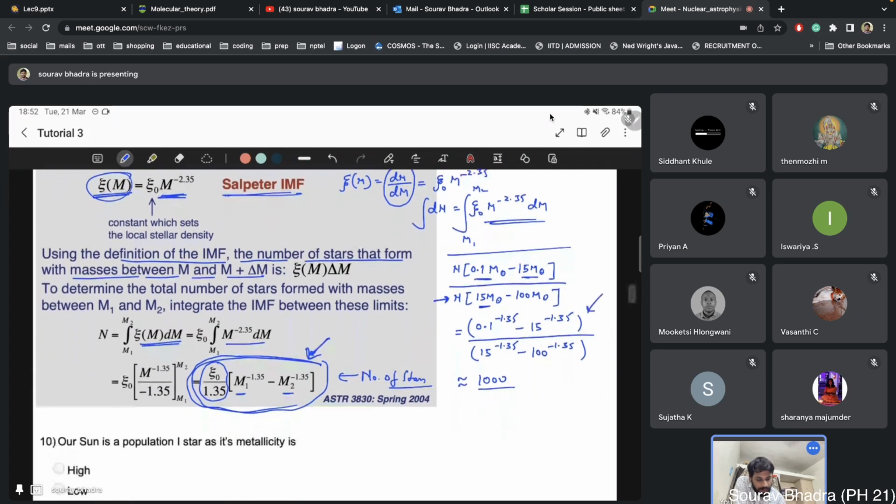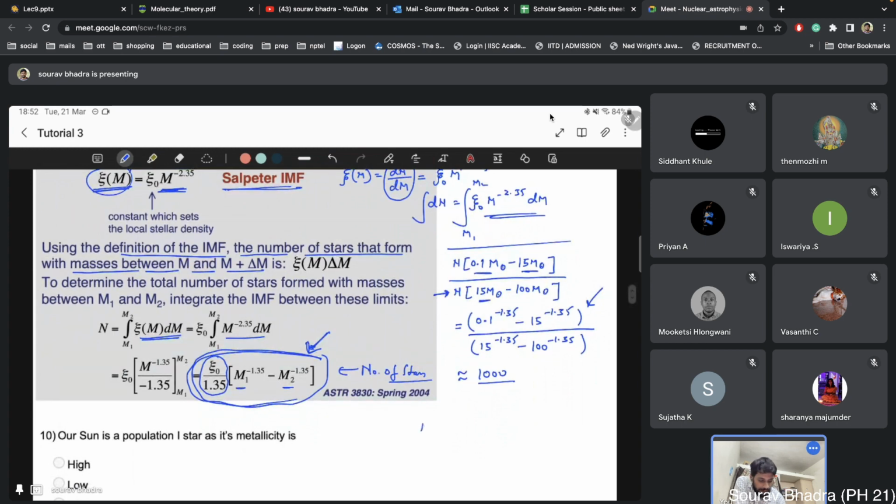Okay, so you can see that the ratio of the number of stars between 0.1 to 15 solar mass and the number of stars between 15 to 100 solar mass is very much greater than 1.